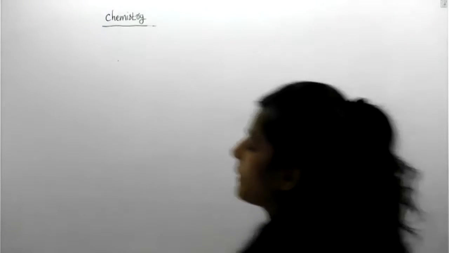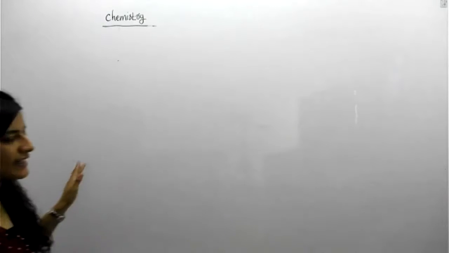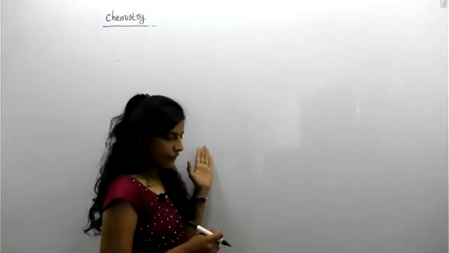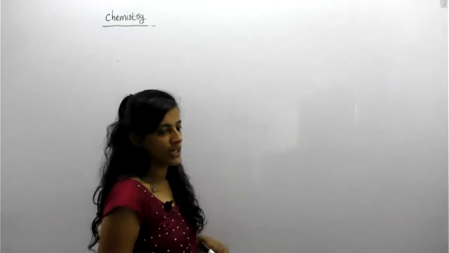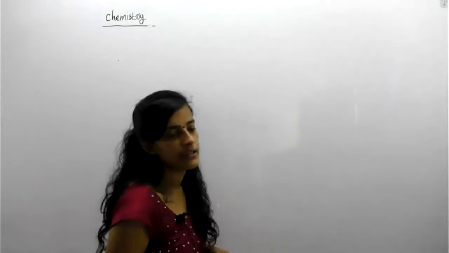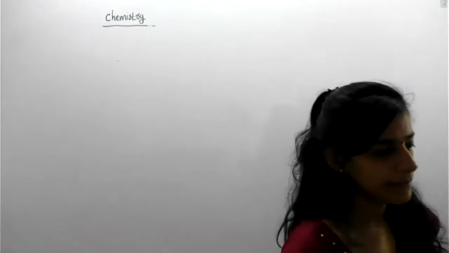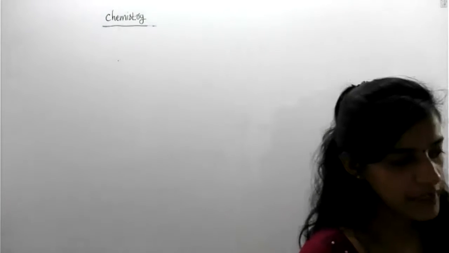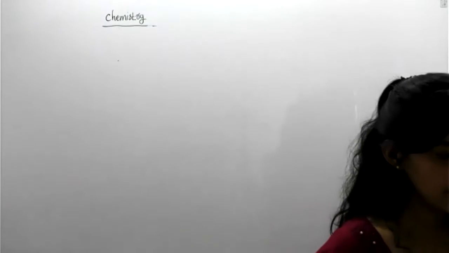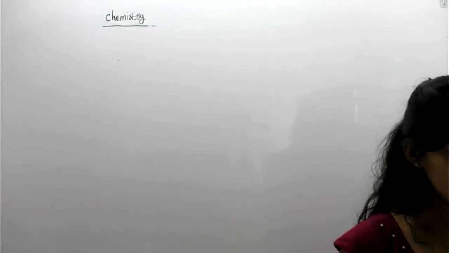One more thing, oxidation number and oxidation state will decide whether the given compound is acidic or basic or intermediate, amphoteric in nature. What do you mean by amphoteric? Any idea?